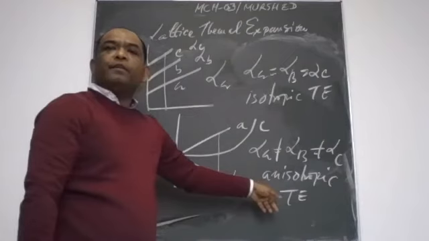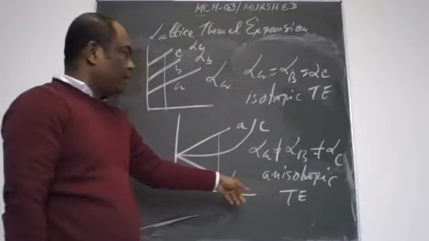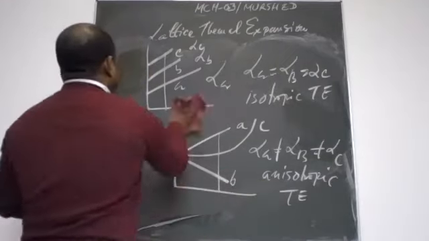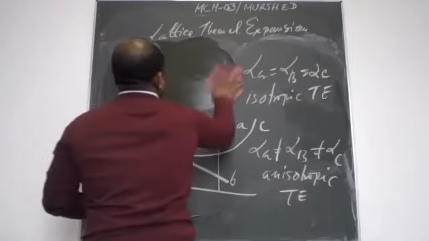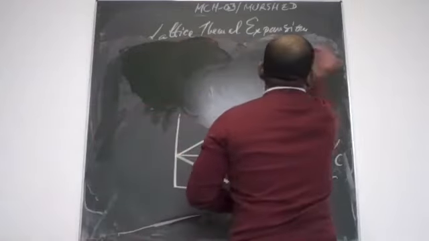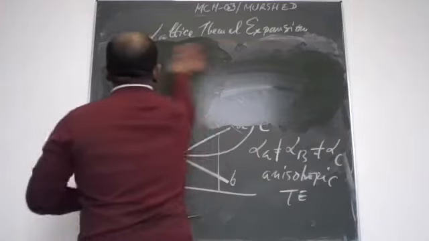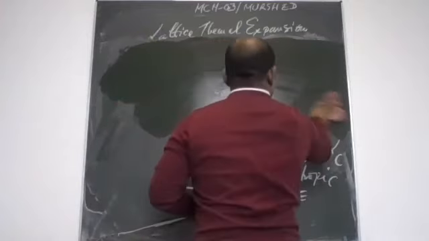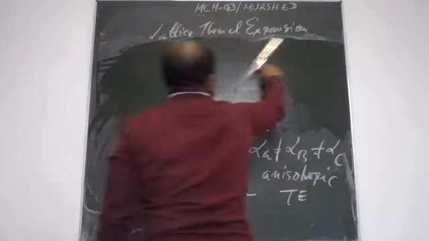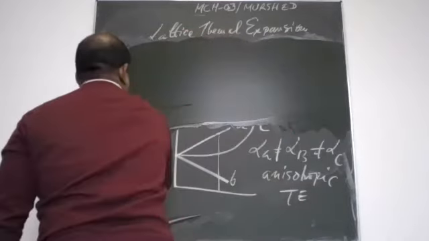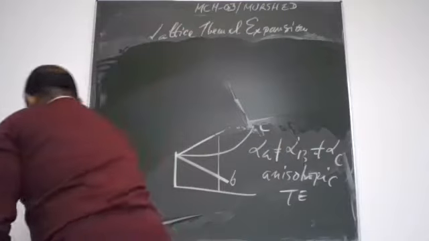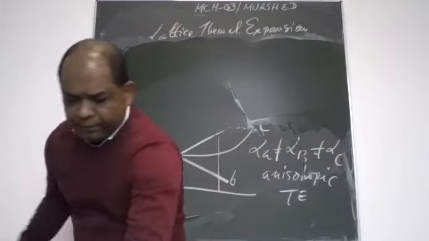In an anisotropic thermal expansion system, you can also calculate the degree of anisotropy, which should be more than 0. It is so-called thermal expansion anisotropy.